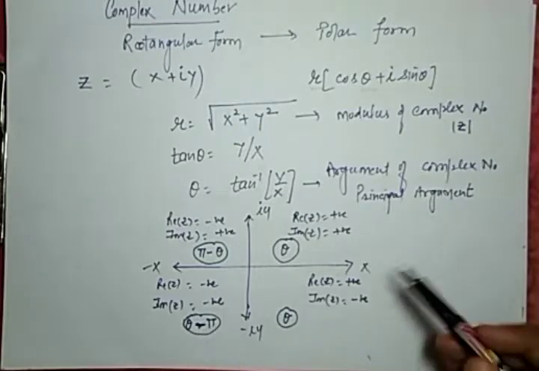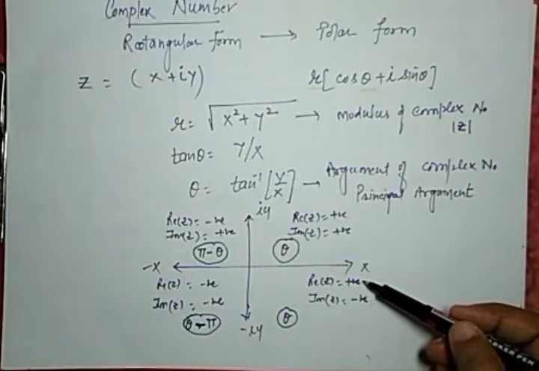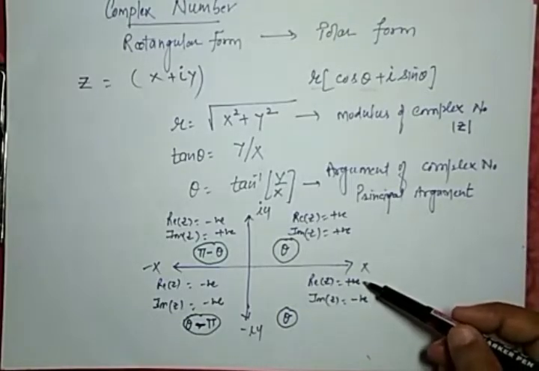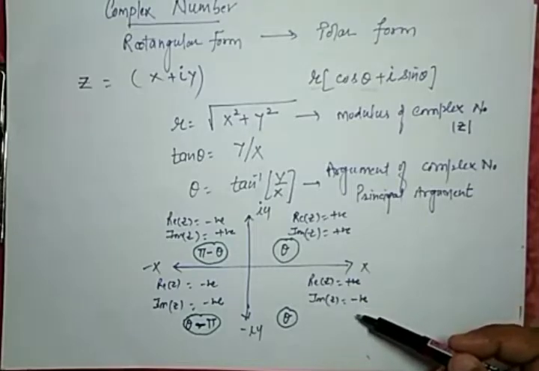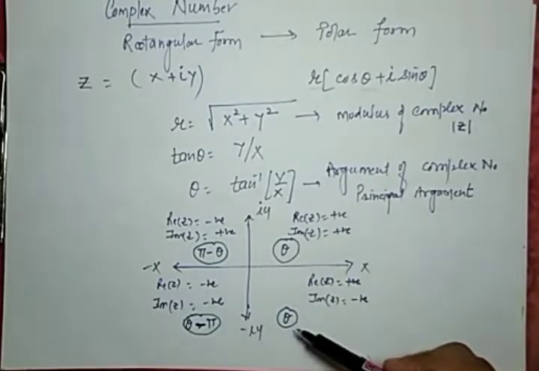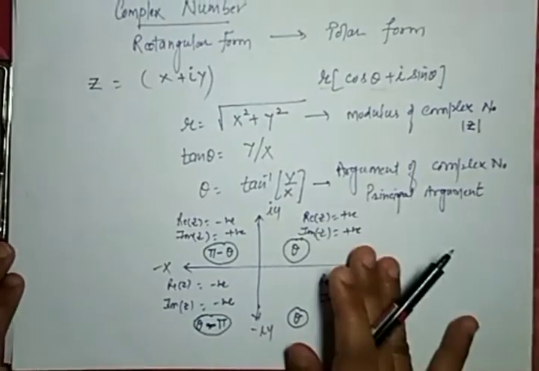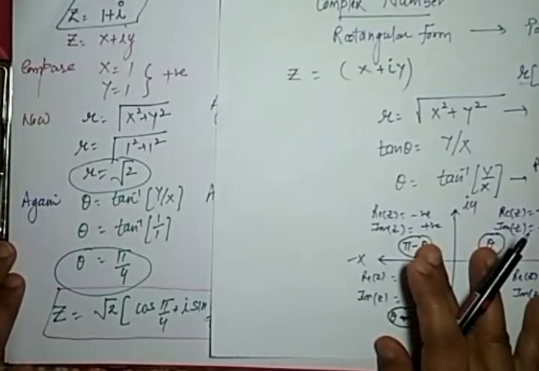In the fourth quadrant, where the real part of z is positive and the imaginary part is negative, meaning x is a positive value but iota y is a negative value, whatever theta comes out to be will be the principal argument only. You need not add or subtract anything from this value. So, keeping this in mind, let us now try to solve one question.